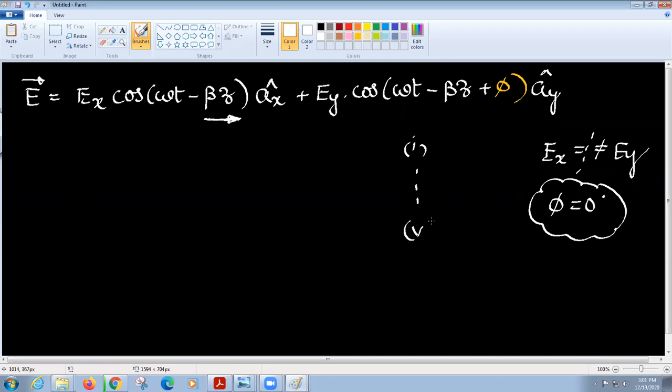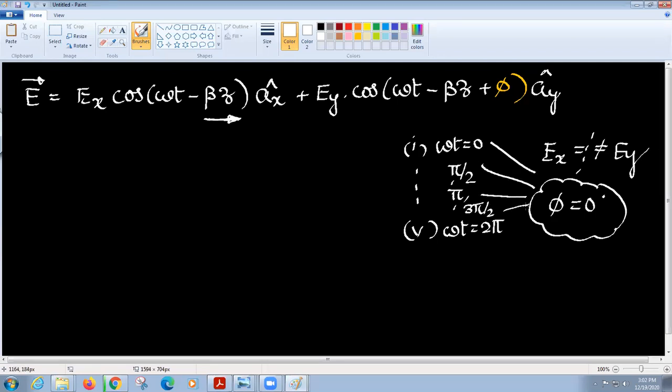Case 1 is omega t equal to 0, and so on up to omega t equal to 2 pi, going through the interval pi by 2, pi, 3 pi by 2 for omega t, and phi is equal to 0. Maintain this. Now, anyone, what's going to happen now? You can draw it.